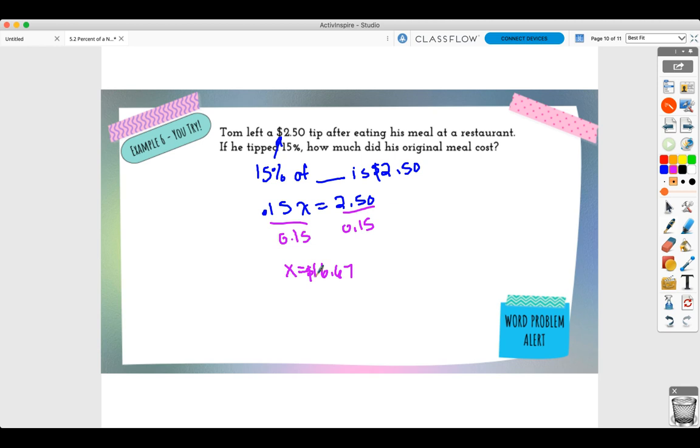That's what it is, $16.67. All right, and you can always check it out. 16.67 times 0.15 gives you 2.5005. It's a repeating decimal, so what are you going to do with this? All right, thanks for joining me. I hope it helped.